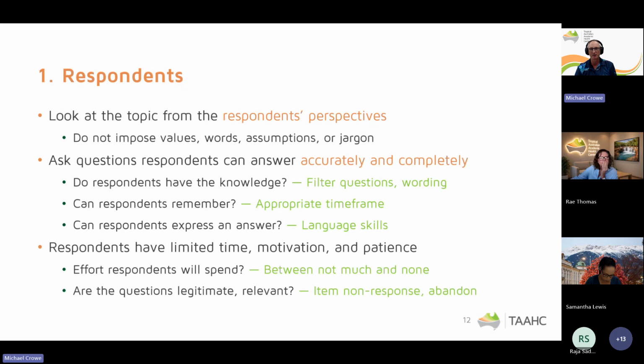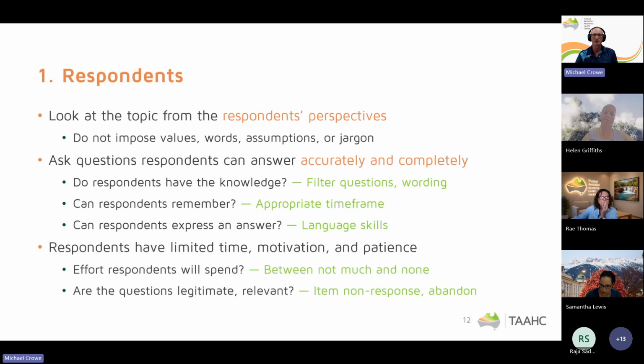On the telephone, about 5 minutes. A paper questionnaire, about 10 minutes. So there isn't an awful lot of time to get your questions in there. And you really need to make sure that you understand that the respondents don't want to spend time on this. No matter how important you think it is, it doesn't matter.